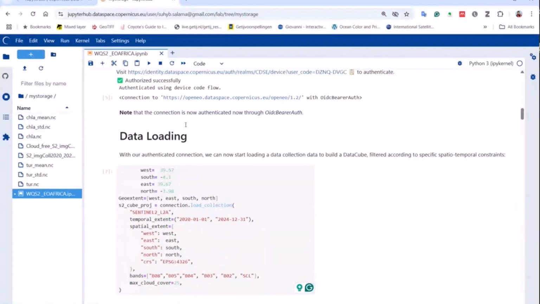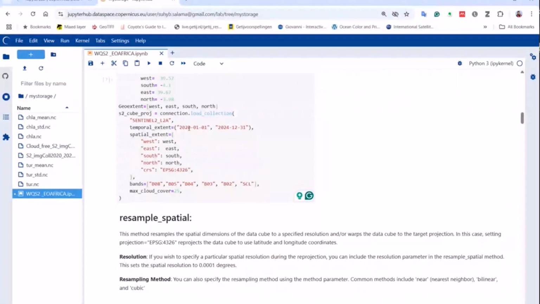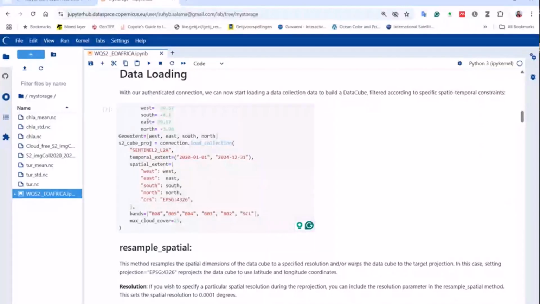And then after that, you define the west, south, east, and north. These are the box that defines your study area. You put them, and then you ask OpenEO to extract this area for you.